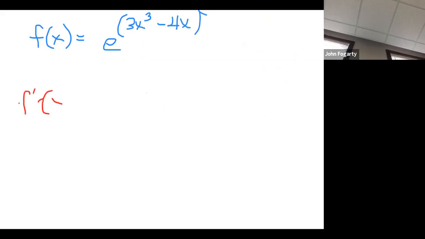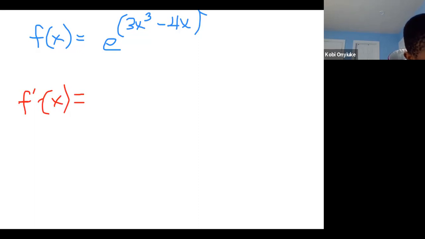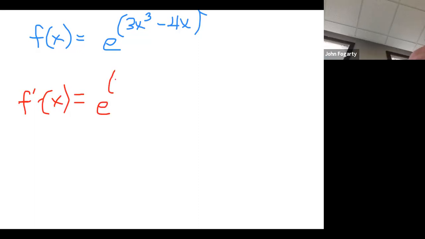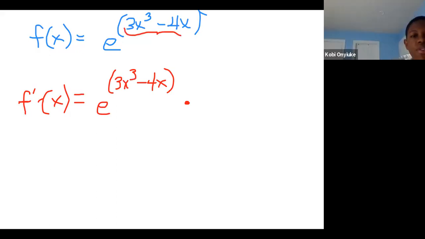It's a composition. So what's the first thing we do with the e? Copy it down. E to the 3x to the third minus 4x. And to that, we're going to multiply the derivative of that expression right there.